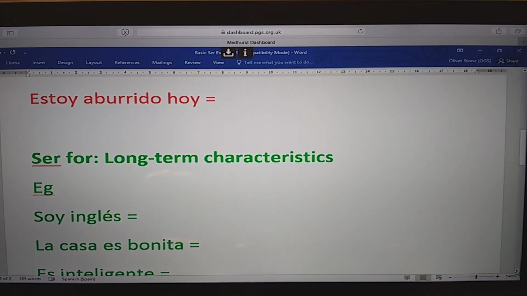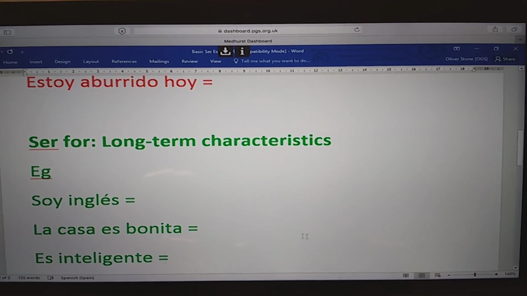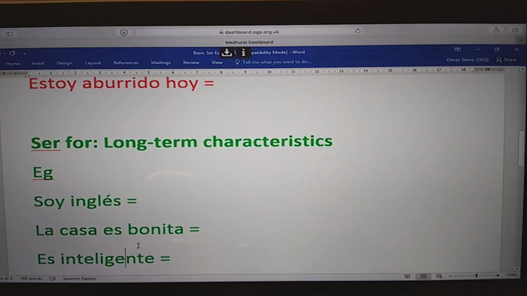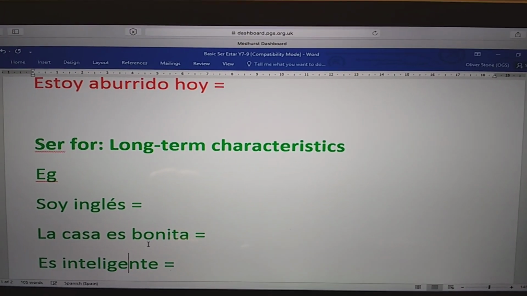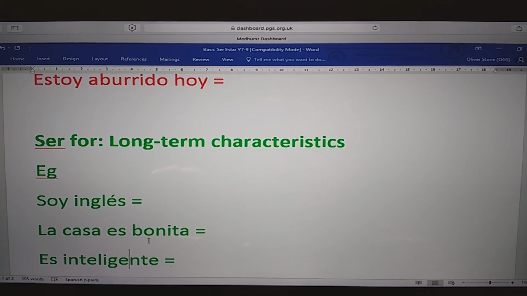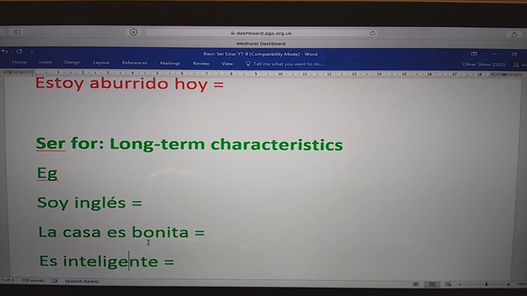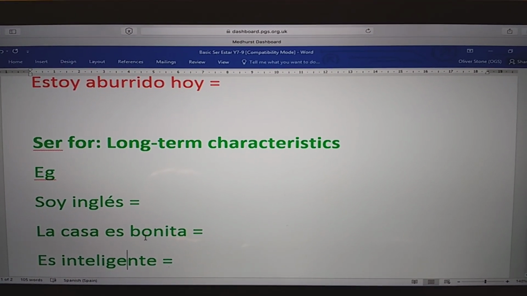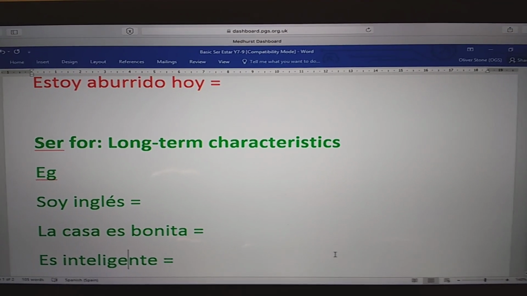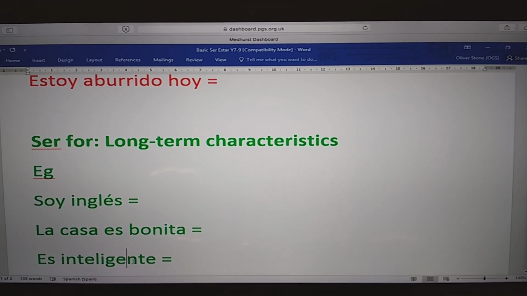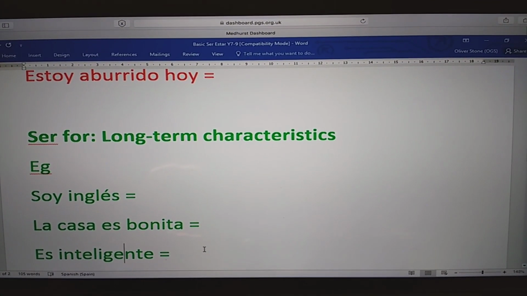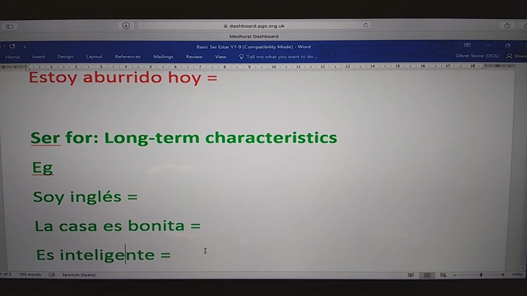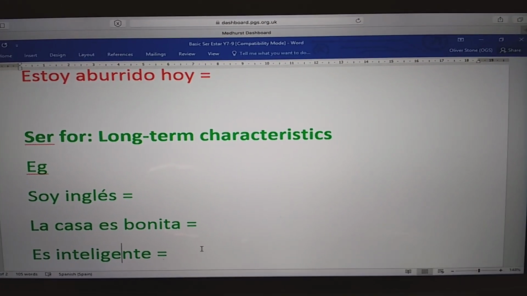Okay, on our topic, la casa es bonita. Okay, so the house is attractive. All right, the house is attractive. I mean, maybe after many years it might stop being attractive, but it's a long-term characteristic. Okay, so we use es, which is from ser. Okay, equally, if we're talking about a person, we say es inteligente, he or she is intelligent, and obviously the reason for that is that's not going to change overnight.